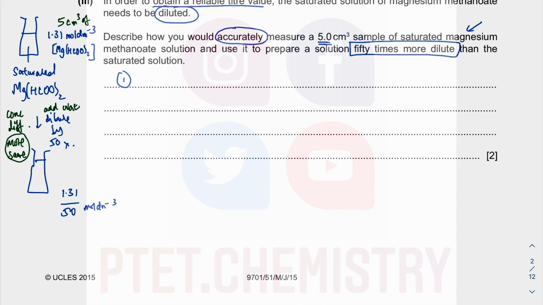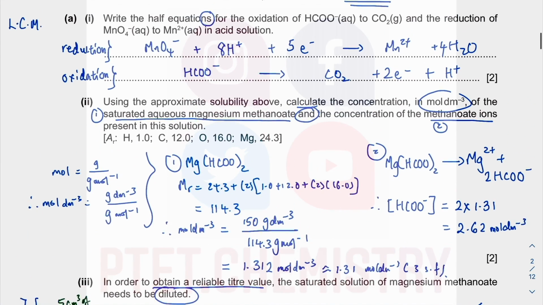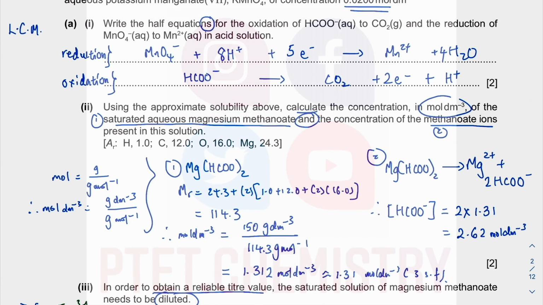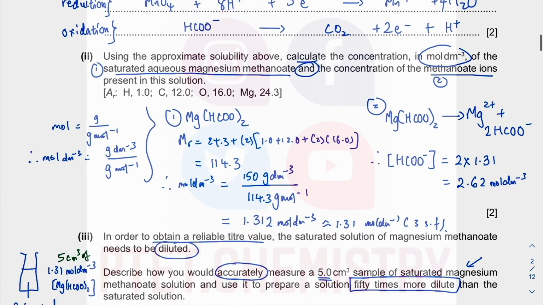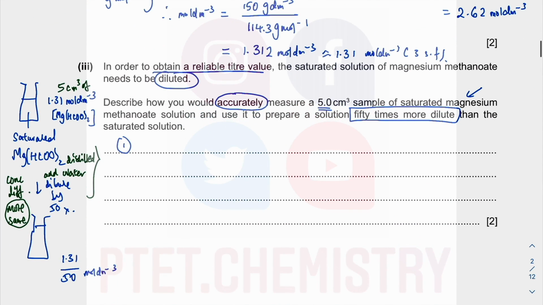Well, in fact, I don't just add water, I add distilled water, because if I use any water, it might contain dissolved minerals. I'm doing titrations that involve ions, and dissolved ions present in tap water might have interfered and made my titration less accurate.